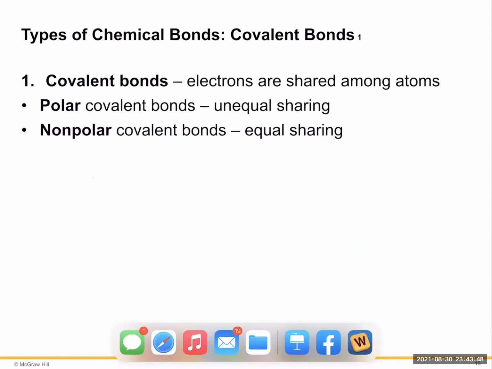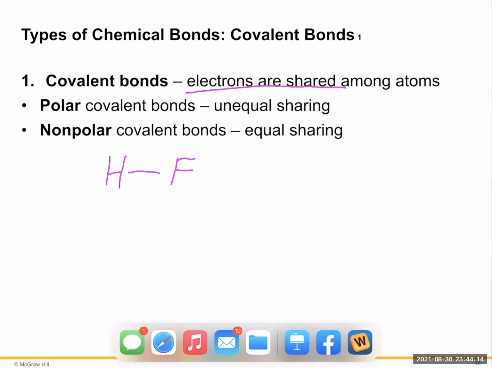Each one is different. Covalent bonds: electrons are shared between the atoms. Electrons don't transfer, but they're shared. In a covalent bond, you can have either polar or non-polar covalent bonds, so they can share differently. Take a covalent bond between hydrogen and fluorine. Remember the term electronegativity from chemistry?